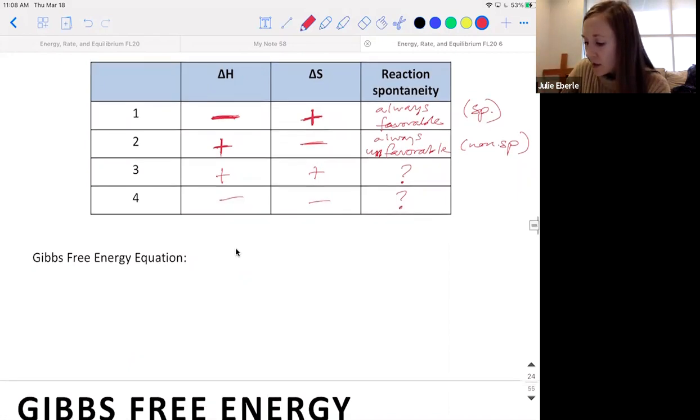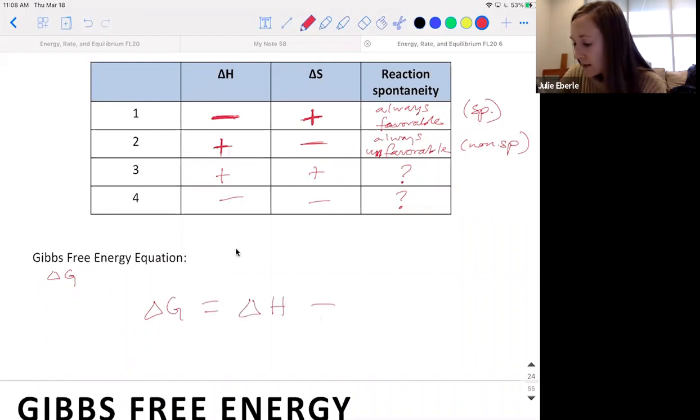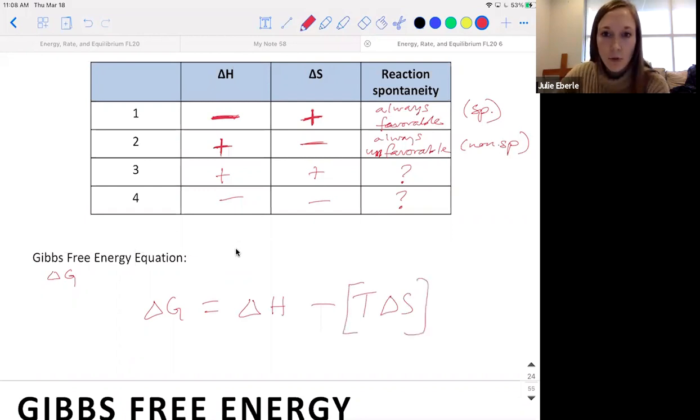So Gibbs free energy is G, or delta G. Change in Gibbs free energy is delta G. And we have an equation that's going to include delta H and delta S for how we calculate this thing called delta G. Okay, and delta G is a direct way to know, is the reaction going to happen or not. So the equation is this: delta G equals delta H minus, we're going to include a temperature term, temperature times delta S. And I like to put this in brackets or in parentheses because you multiply temperature times your entropy term.